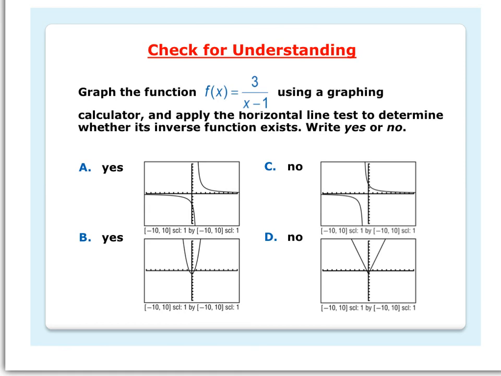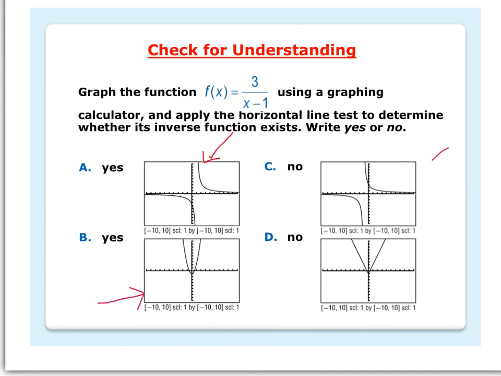Under the check for understanding, we're given the function f of x equals 3 over x minus 1, and we are asked to apply the horizontal line test using a graphing calculator to determine whether its inverse function exists. Write yes or no. We have 4 choices. In A, you're saying yes, the inverse exists, and this is the graph of f. In B, yes, the inverse exists, and this is the graph of f.